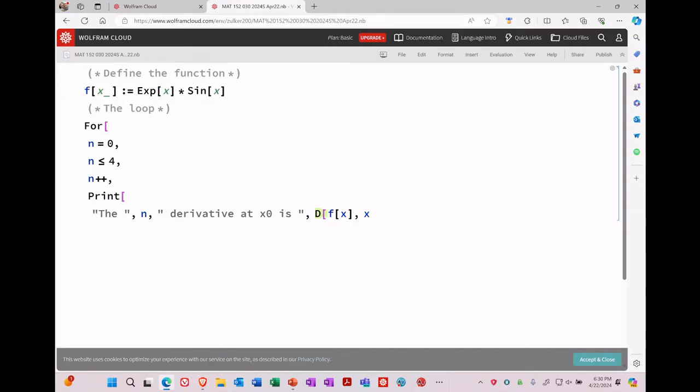If I just do x like this and then close it out, it'll only calculate the first derivative. I want it to calculate the nth derivative. So what we do is we put it in braces. With respect to what? Comma, the degree of the derivative.